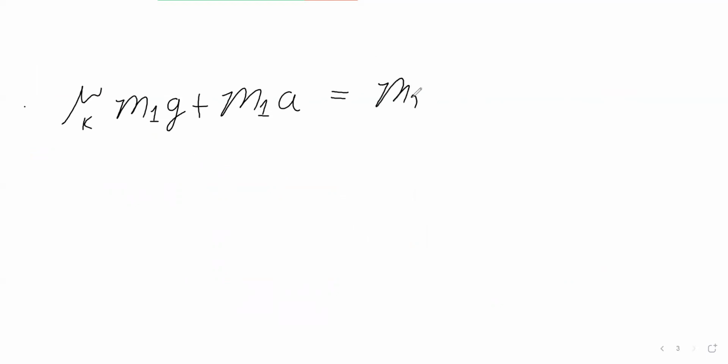So again, equation 1 said T equals mu times normal force, but normal force is M1G, plus M1A. That's what T equals for equation 1, whereas T equals M2G and so on for equation 3.